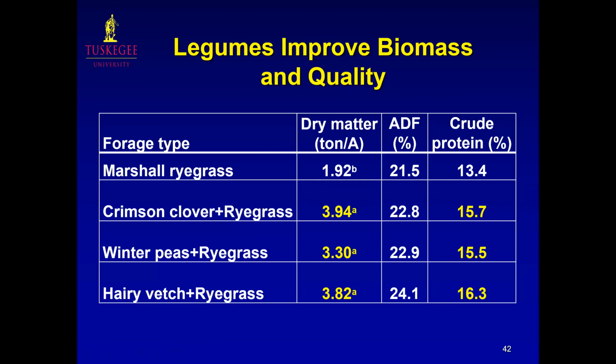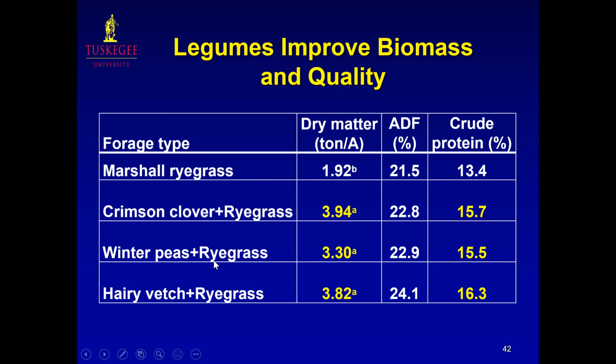Okay, so legumes improve biomass and quality, and this is the research finding I would like to share with you. Over here, this is the Marshall ryegrass alone, and this is the productivity for the season, 1.92 tons per acre. Over here, when that Marshall ryegrass was combined with crimson clover, at a 40-60 ratio, you can see the productivity increase to 3.94 tons per acre.